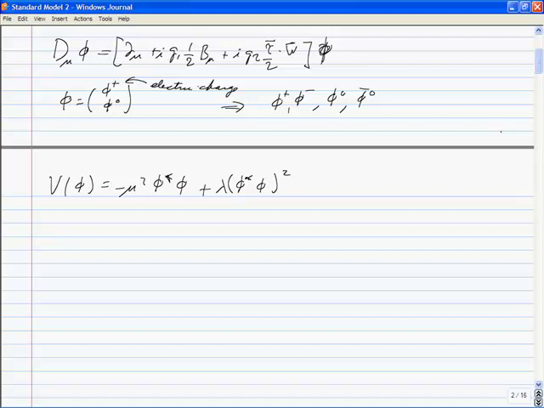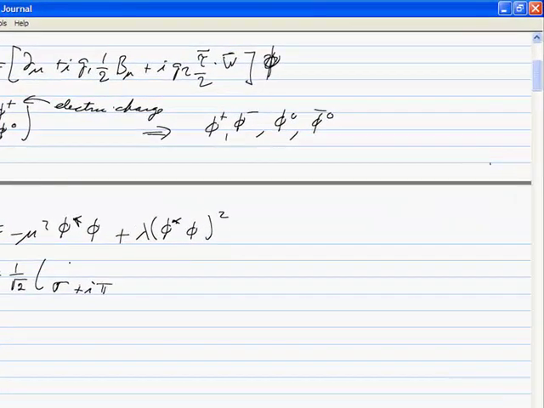If we wrote this in terms of 4 real fields, I could have written phi as 1 over square root of 2 times (sigma plus i pi 3, pi 1 plus i pi 2).